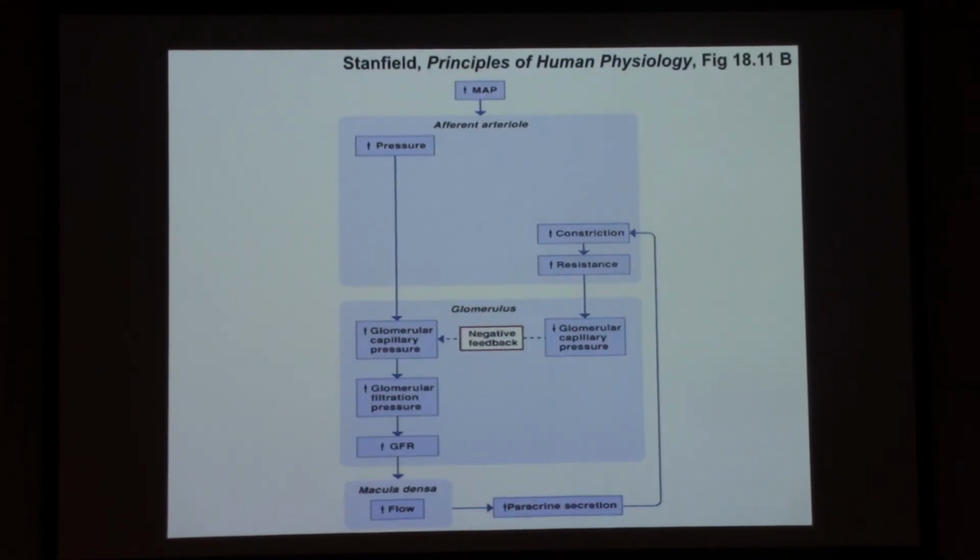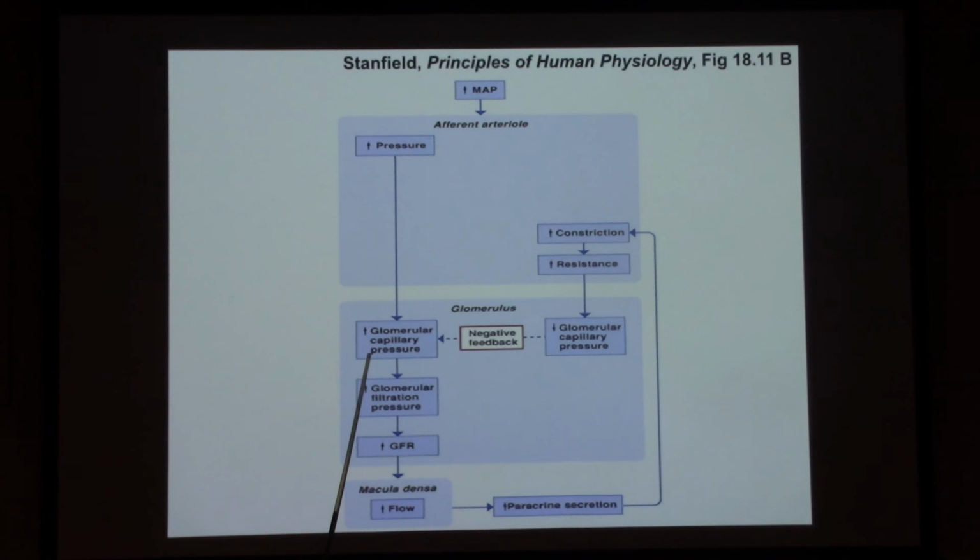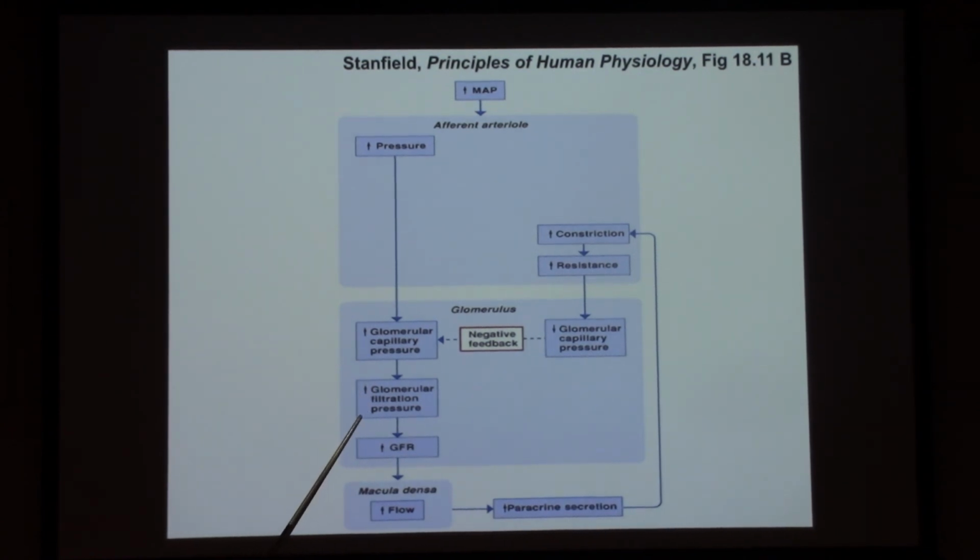All right, so here's another flow chart. So if your blood pressure goes up, the pressure in your afferent arteriole goes up, higher pressure in your glomeruli, you increase GFR, so now you're filtering more fluid. That extra fluid goes through the tubule. The macula densa is right there at the distal convoluted tubule, so you've got more flow in the distal convoluted tubule.